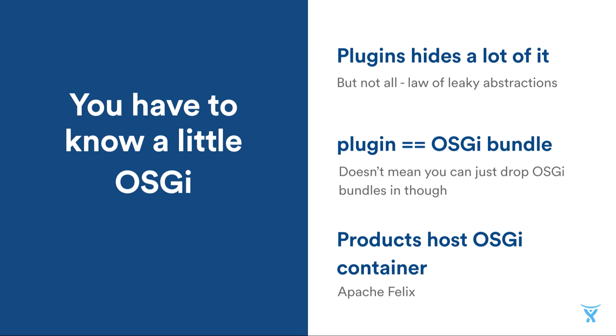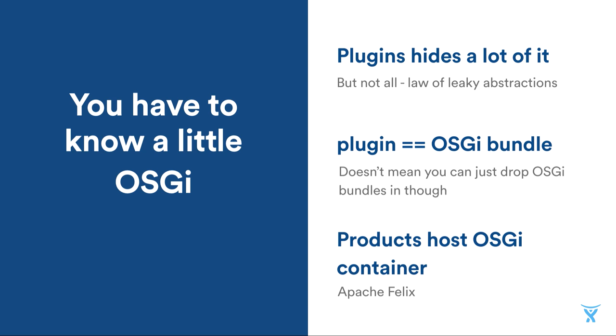Well, we'll do a quick little survey here. We'll see if that's true. So I'm presuming you're all plugin developers here. How many of you have never had to touch the import section or the export section of the manifest? Yeah, that's what I thought. What? I saw a hand over there. Yeah. So, law of leaky abstractions. It hides most of it, but not all of it.